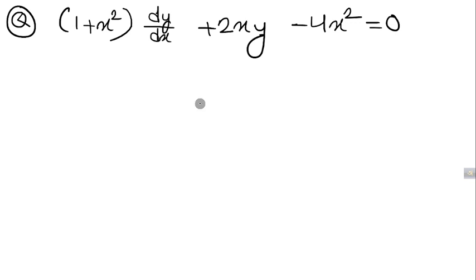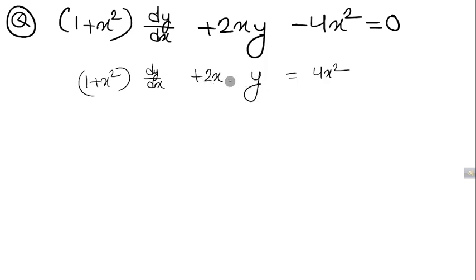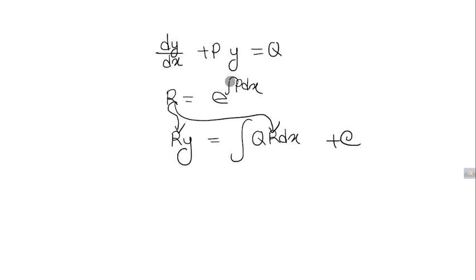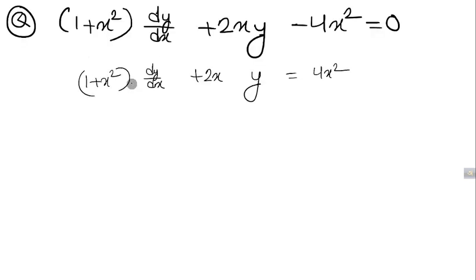Okay, so let's first take this 1 plus x squared to the right hand side, so 4x squared, then here 1 plus x squared dy by dx, then 2xy. Now think carefully that the coefficient of dy by dx is equal to 1 in our general formula, but in our math the coefficient is 1 plus x squared, so we have to make this coefficient 1.